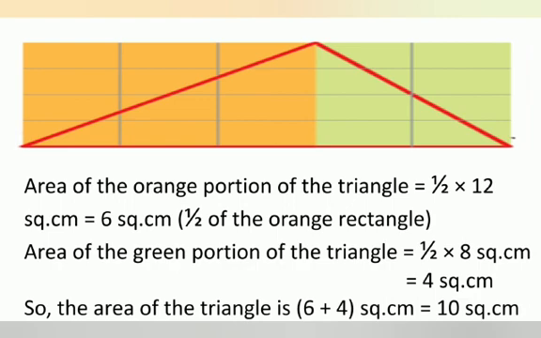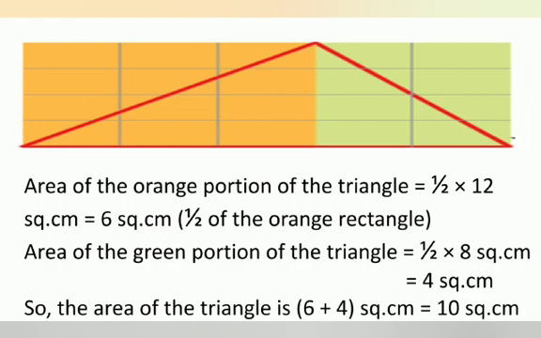The area of the orange rectangle is 12 square centimeter. Therefore, the area of the orange portion of the triangle will be half of 12 square centimeter, which is equal to 6 square centimeter. Area of the green rectangle is 8 square centimeter.